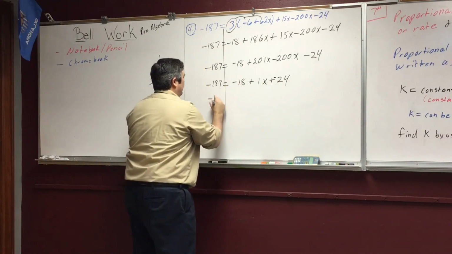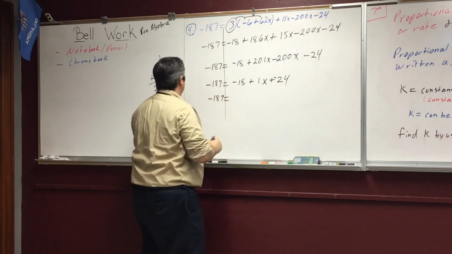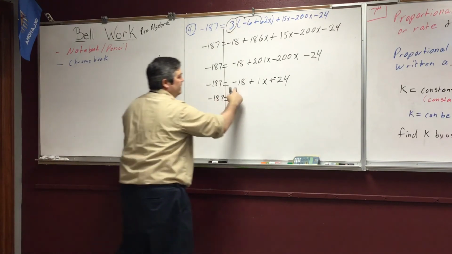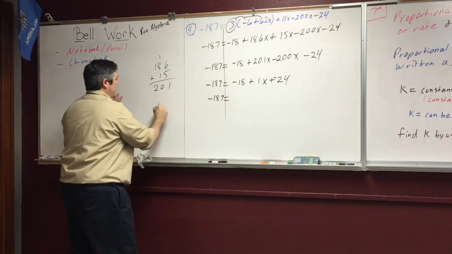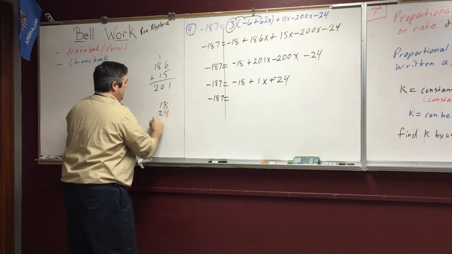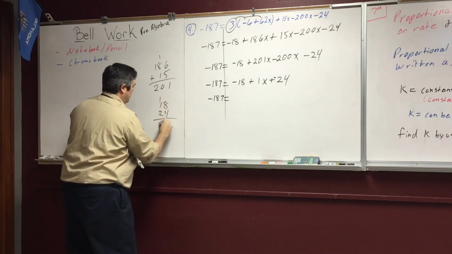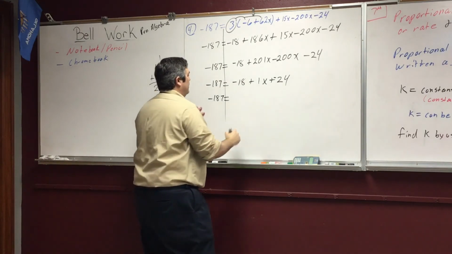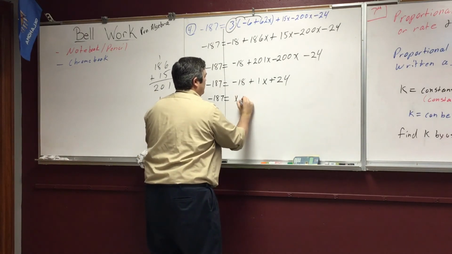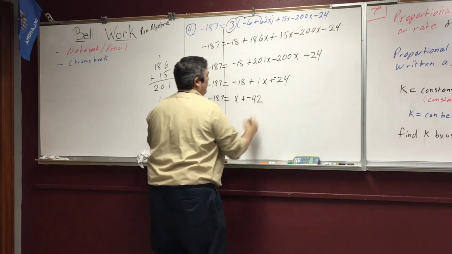Okay, negative 187 equals, and I've got a negative plus a negative, so I'm going to add them together and keep their sign. 42, so I've got x plus negative 42.